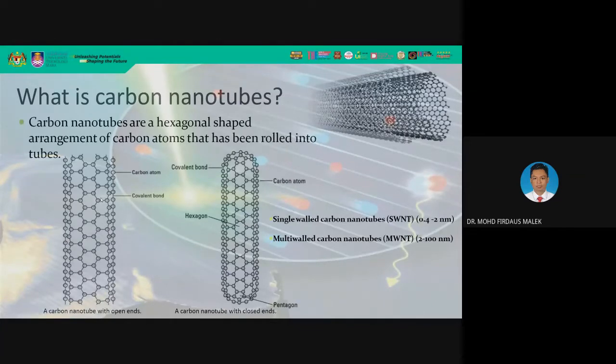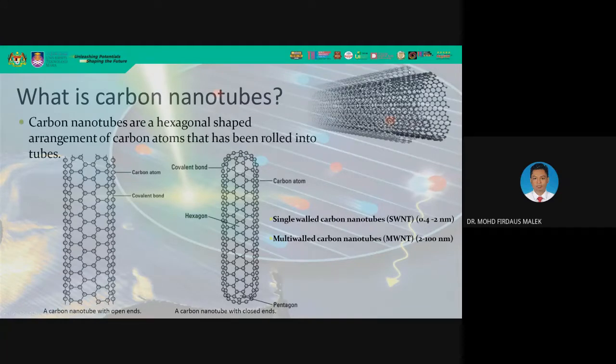Okay, so carbon nanotubes can occur as multiple concentric cylinders of carbon atoms. The first one is multi-wall carbon nanotubes. They have more than one layer, and the other ones we call single wall carbon nanotubes. Dia cuma ada one layer.